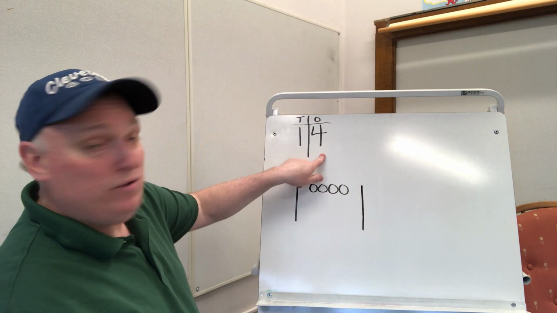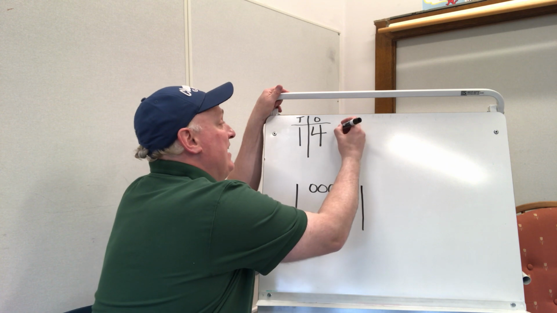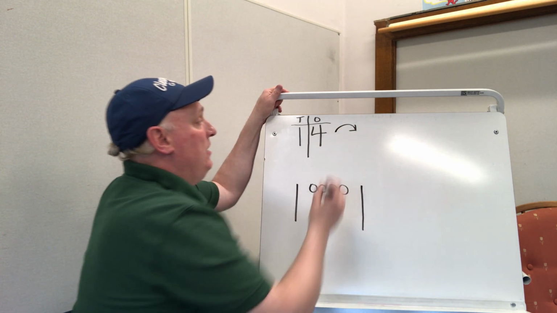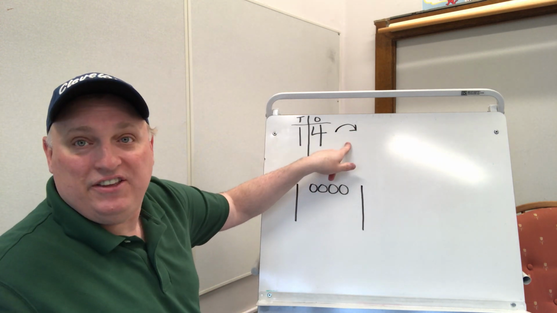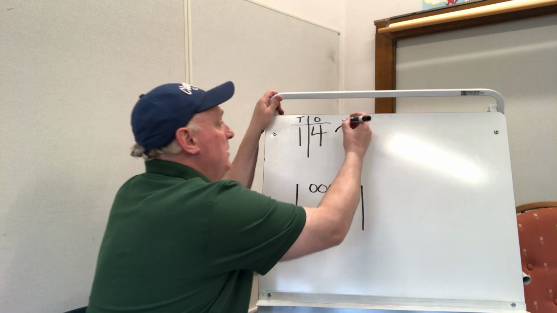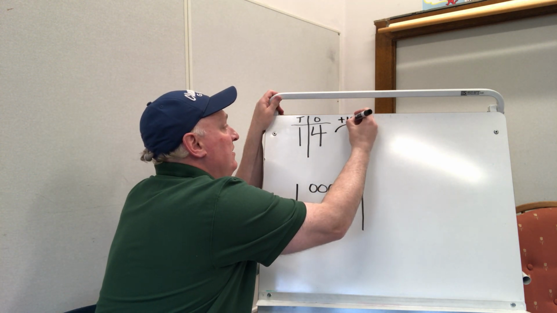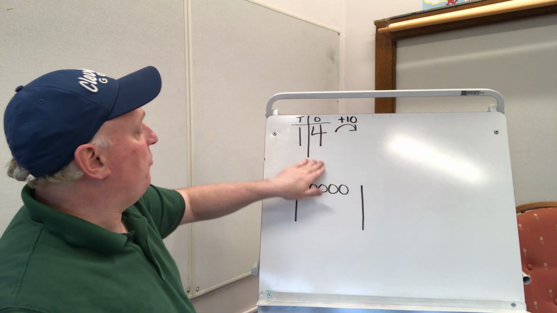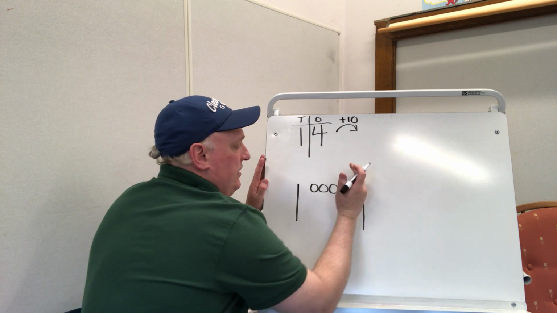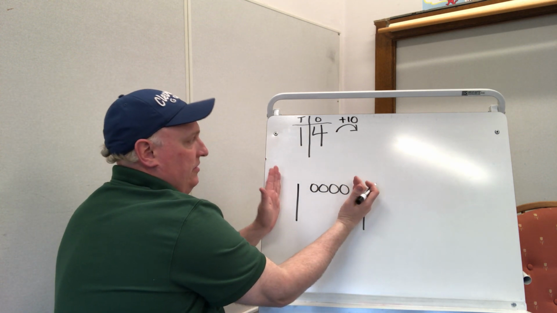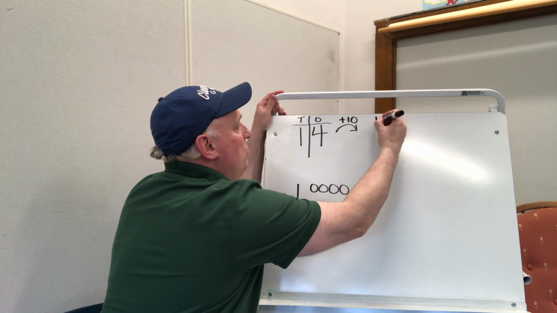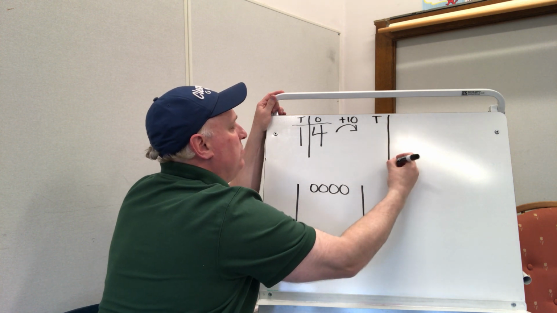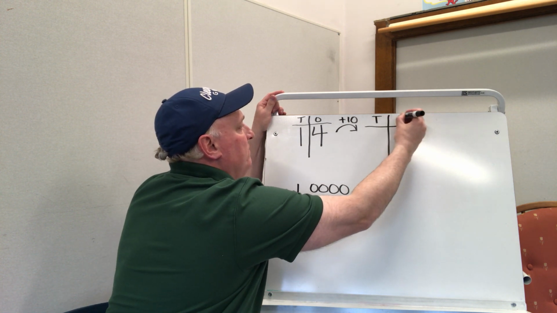So I started with 14 and I added, we call this an action arrow, and above it I'm going to write plus 10. So I started with 14, which is this right here, all of this here. I added 10. Now what do I have? I can do another place value chart.